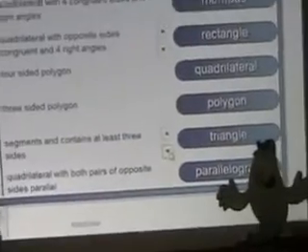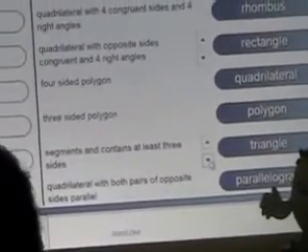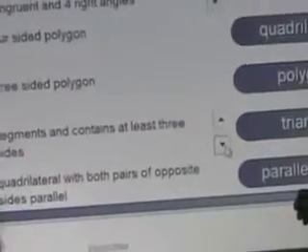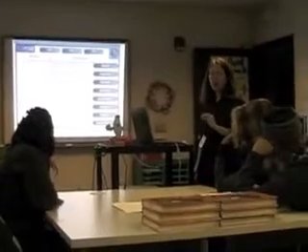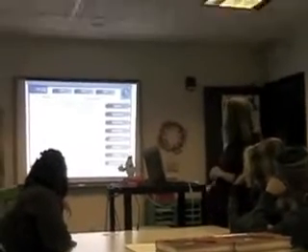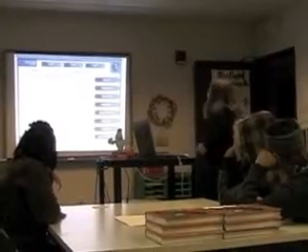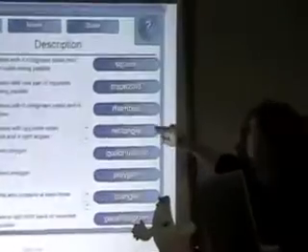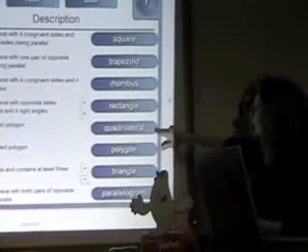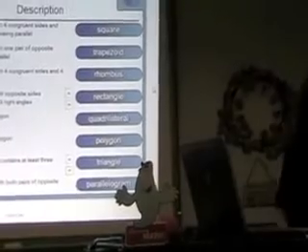Are there any definitions or words up here that you are unfamiliar with? Any we need to talk about more? I need a volunteer to go up and see if you can match the words on the side. There's square, trapezoid, rhombus, rectangle, quadrilateral, polygon, triangle, and parallelogram.